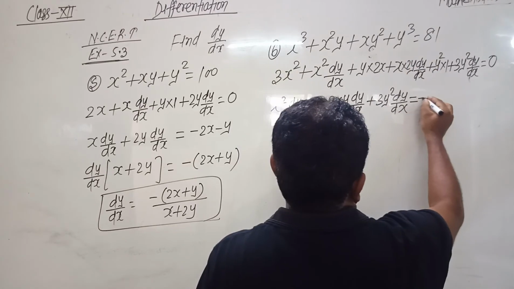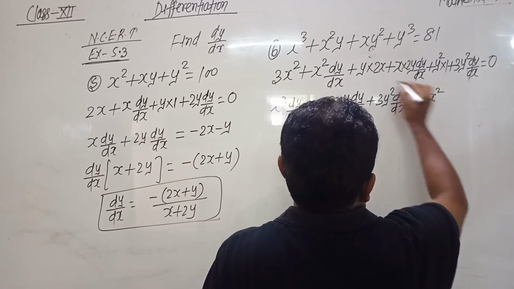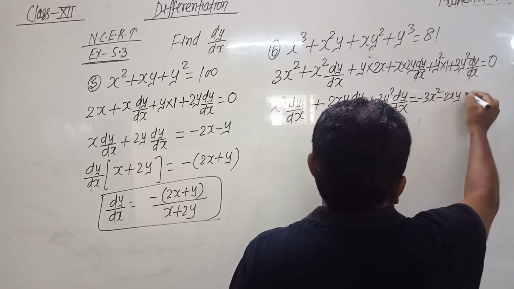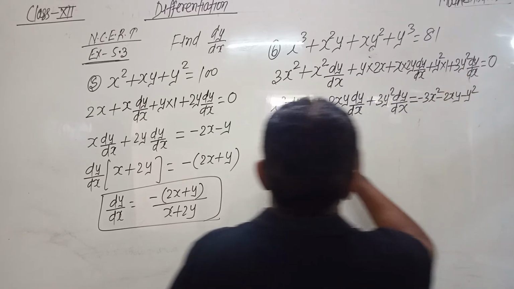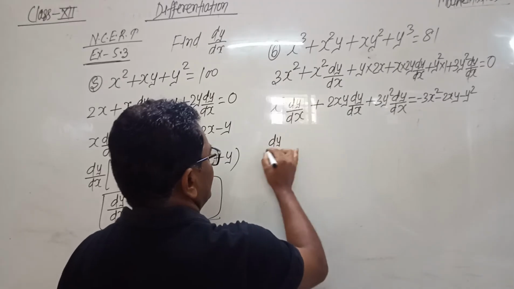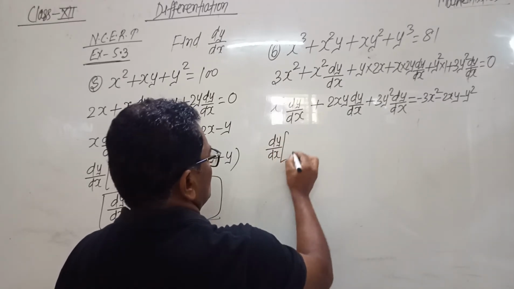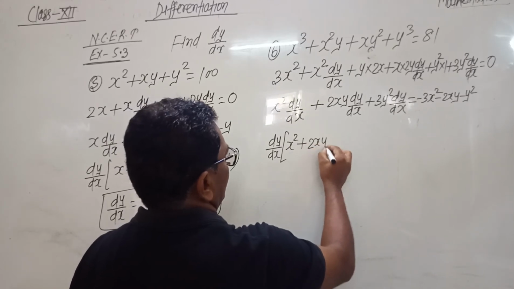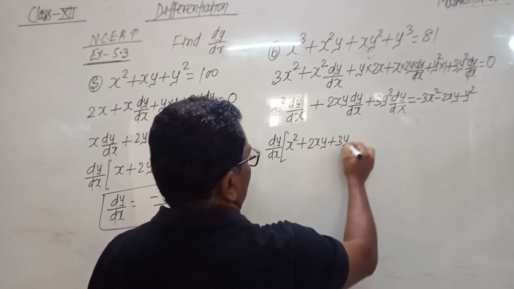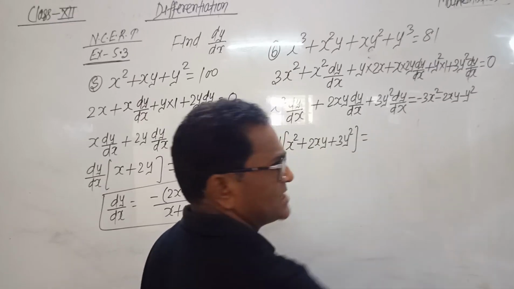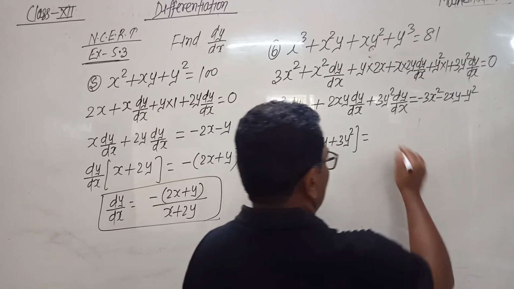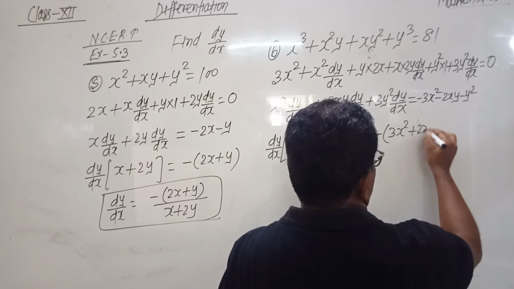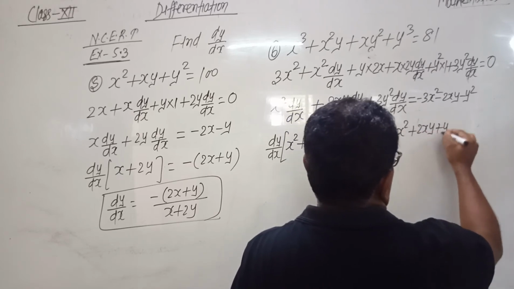So this is minus 3x square, this is minus 2xy, and minus y square. Now take dy by dx as common. So there is x square plus 2xy plus 3y square, and on the right side minus would be taken common, so 3x square plus 2xy plus y square.